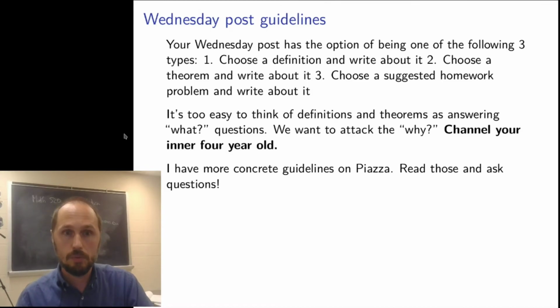So what we're going to shoot at in this class is to understand why questions. So in some sense, I'm asking you, be a 4-year-old. Ask why, why, why. And we're going to dig and try to understand what's going on in these theorems and definitions.